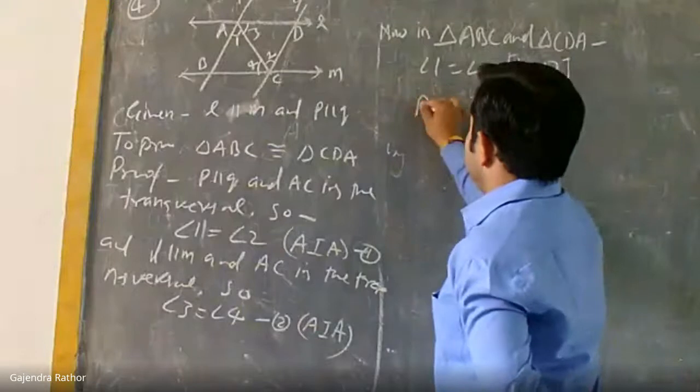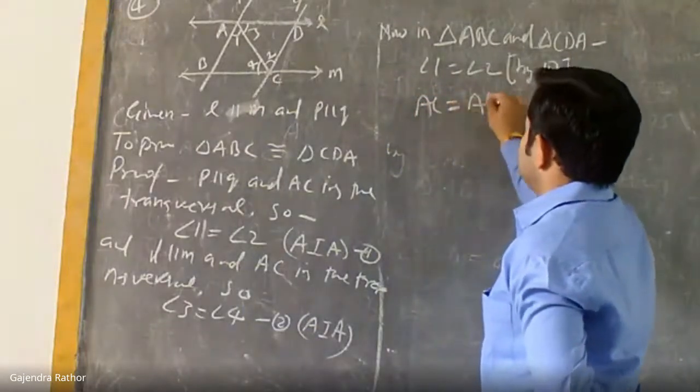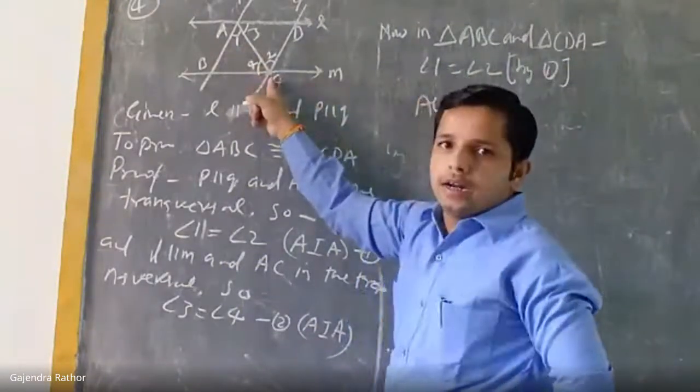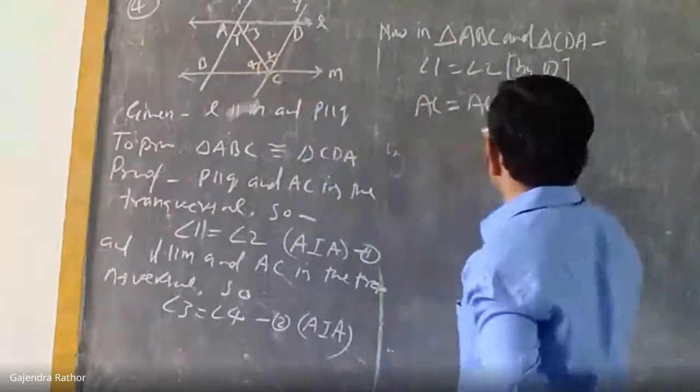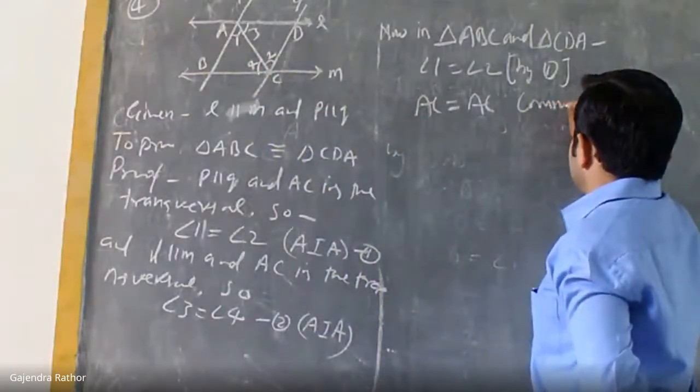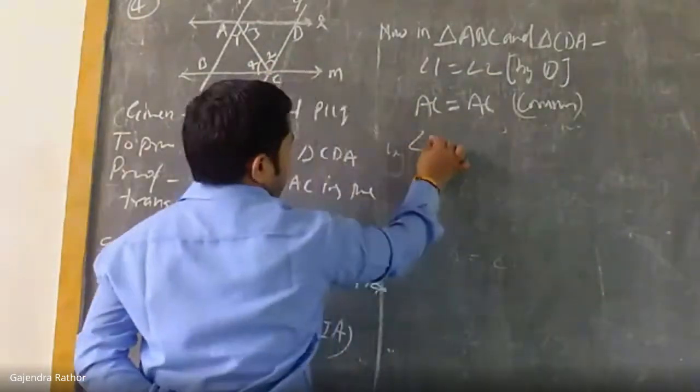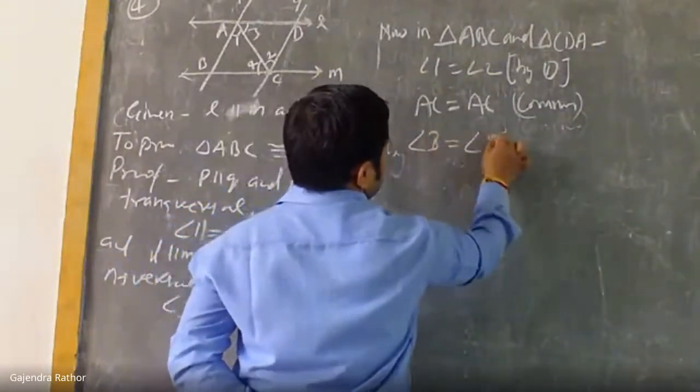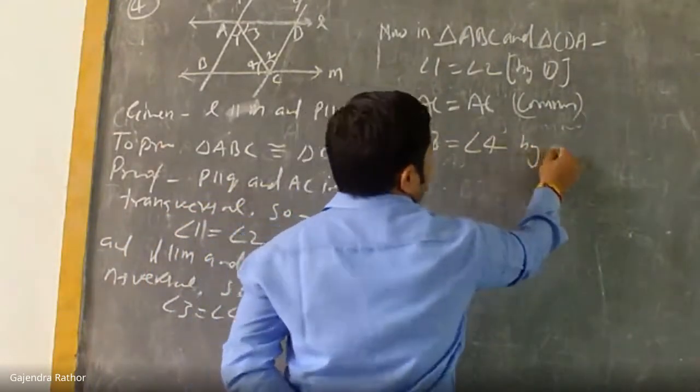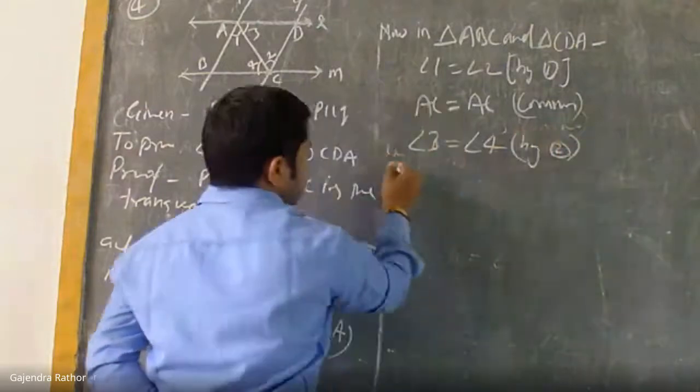And AC is equal to AC. AC is the common line between these two triangles. And the third, angle 3 is equal to angle 4 by equation number 2.